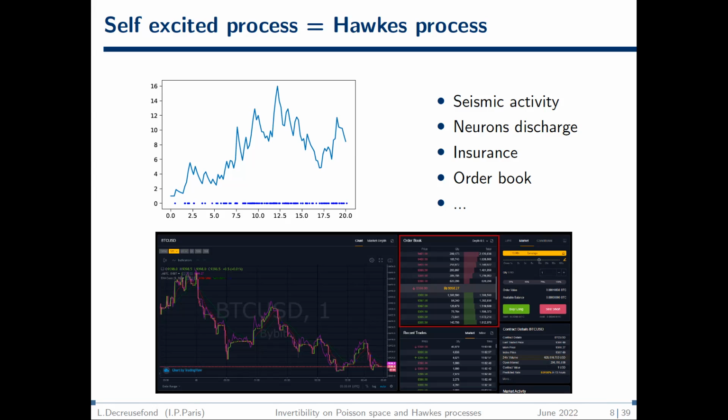I don't know what to answer, because I think Mathieu Rosenbaum had some result where he shows that the limit, in some sense, of this kind of process converges to a fractional Brownian motion. But I'm not sure. At the very beginning, it seems different. When the self-excitation is going towards instability, then we find the fractional Brownian motion.